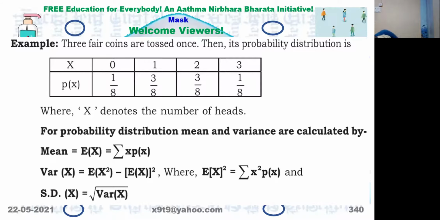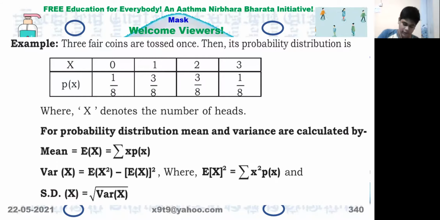Now actually sigma x square means it is x square into px, sigma x square into px, that is called E of x square. So that value minus E of x, which is sigma x px only, whole square. That means you write sigma x square px minus sigma x px whole square.